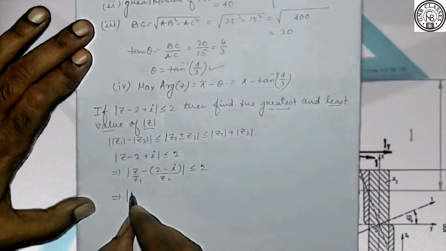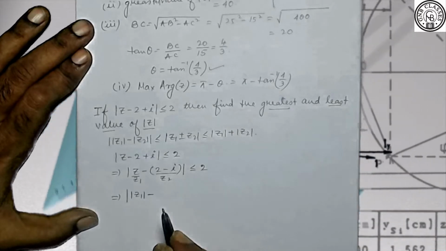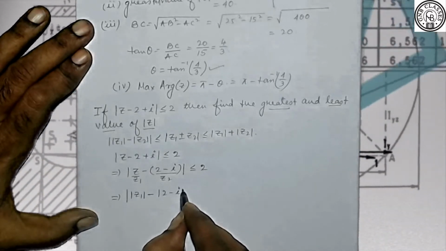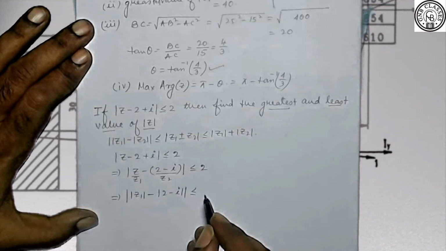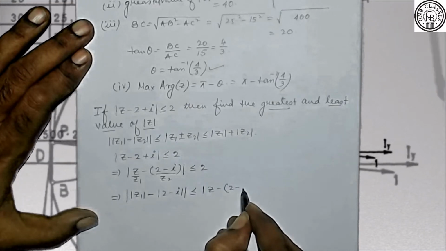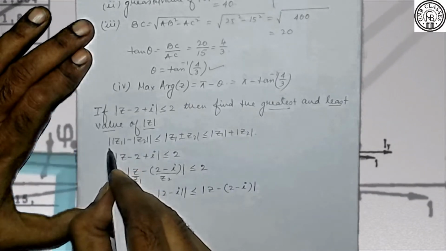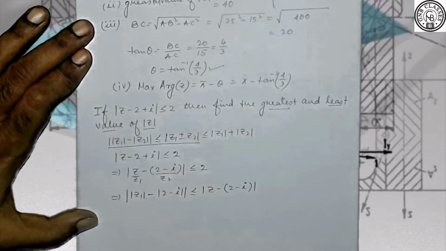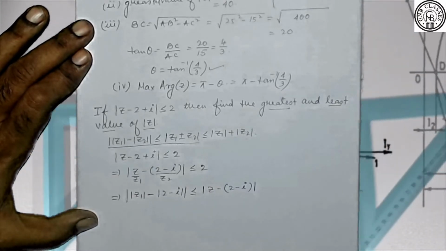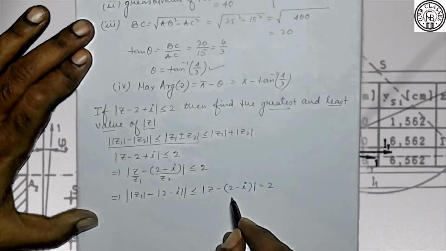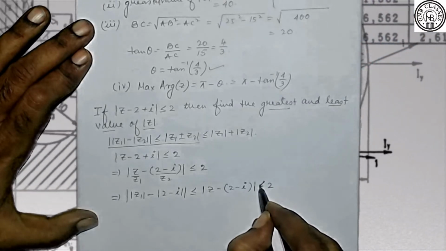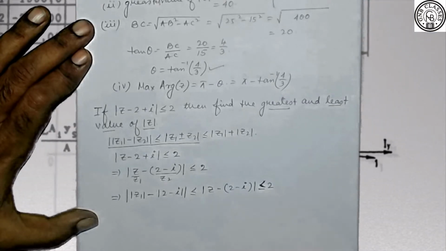I can write this thing as mod of z1 minus mod of z minus iota is less than or equal to mod of z minus 2 minus iota. Tell me yes or no. We are applying this part only from the triangular inequality law. Which is equal to 2. Which is less than or equal to 2. Clear?